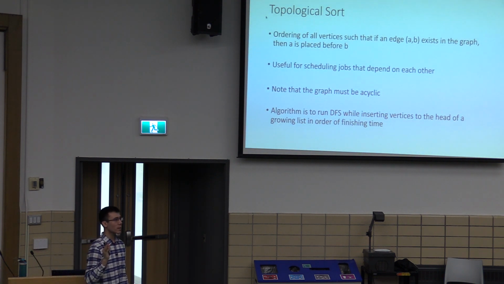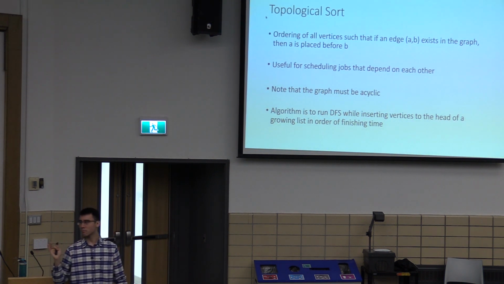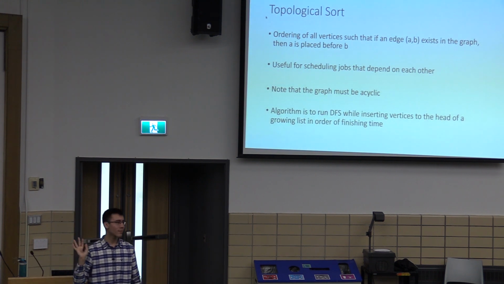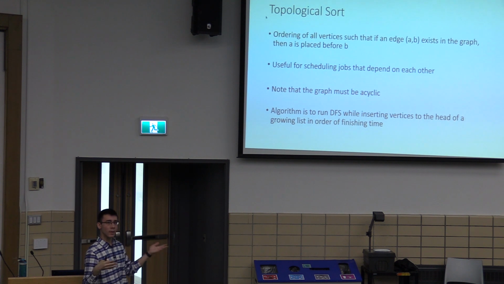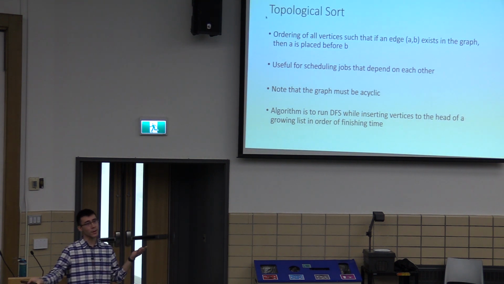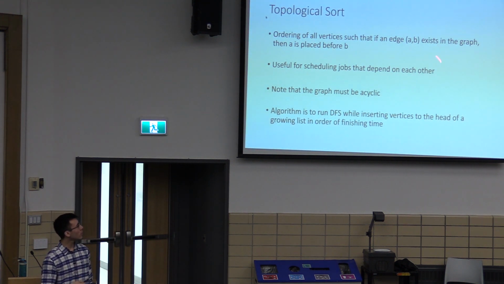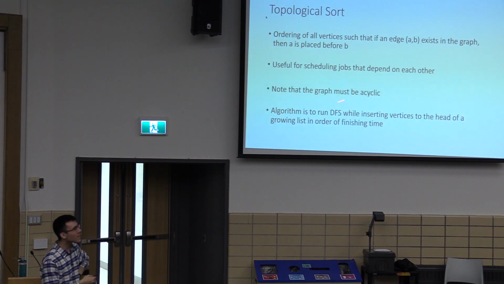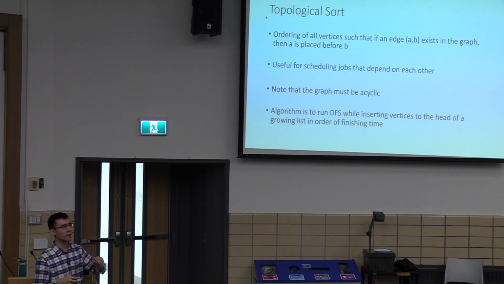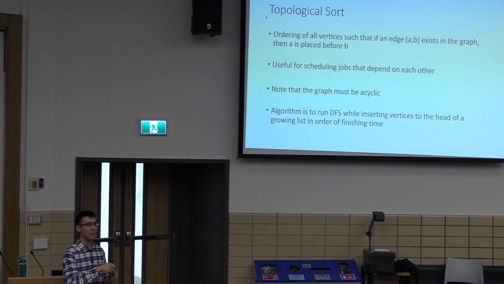Suppose you're scheduling events, and you know that one has a higher priority than the other, so one has to happen before the other. A topological sort can tell you a valid ordering of when to schedule them. One note is that the graph has to be acyclic, which makes sense because if you had cycles in your graph, there is no way to get a valid ordering.